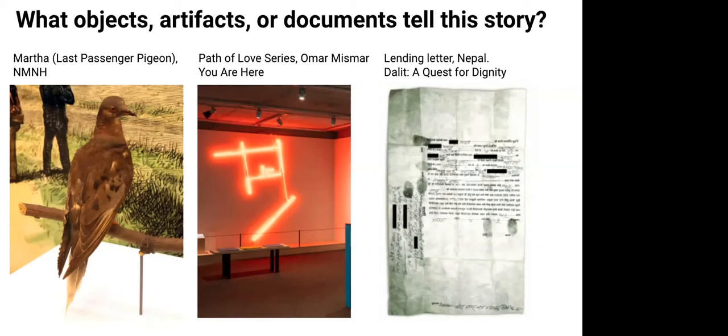And then this is an object that I saw in an exhibit called Dalit: A Quest for Dignity. The Dalit are a marginalized group in India and Nepal. This is actually two contracts in one. The contract written in the main part is a relatively favorable lending contract. The left-hand and right-hand bits are the relatively favorable contract, and the middle bit is a much less favorable contract.